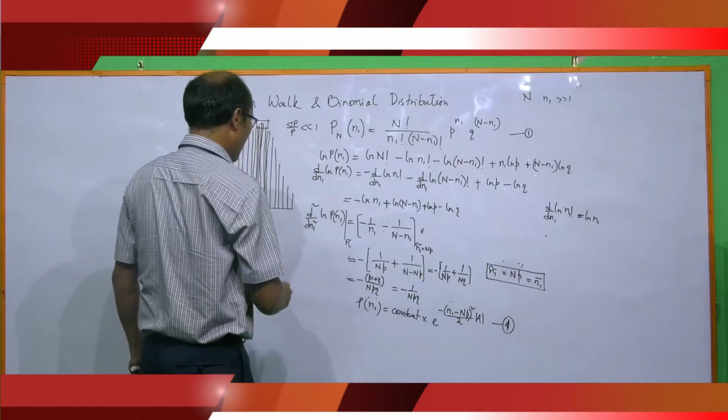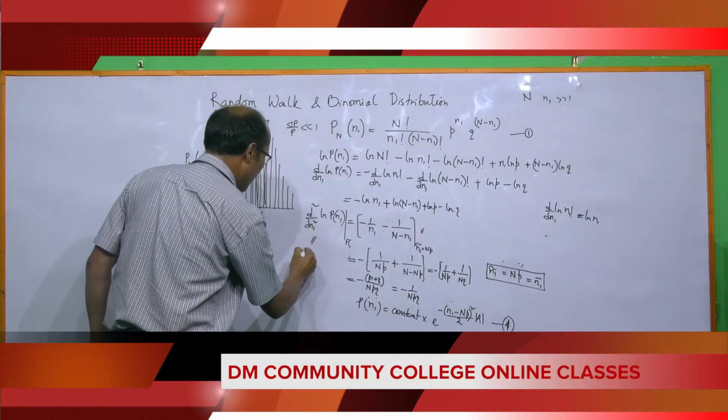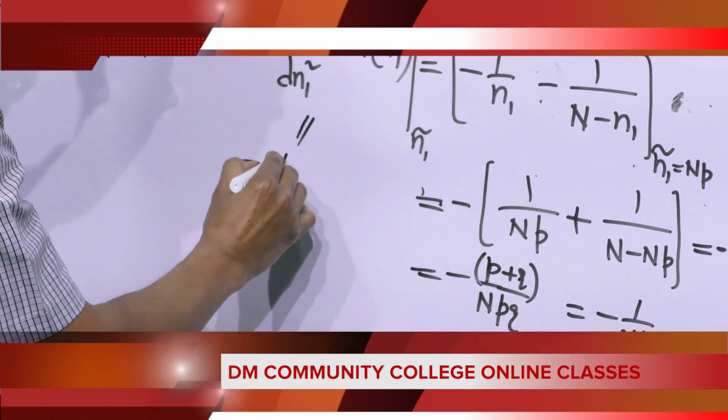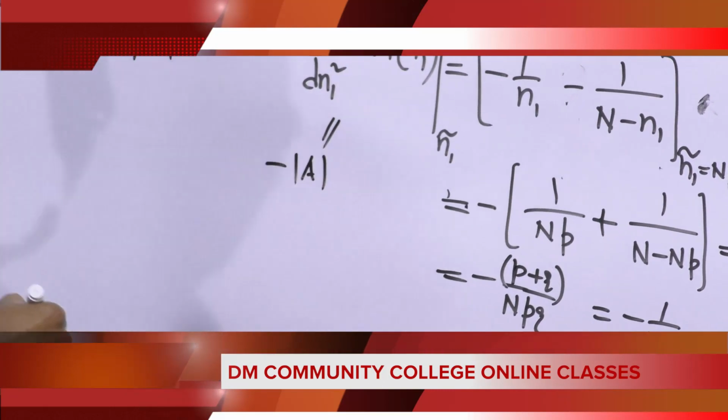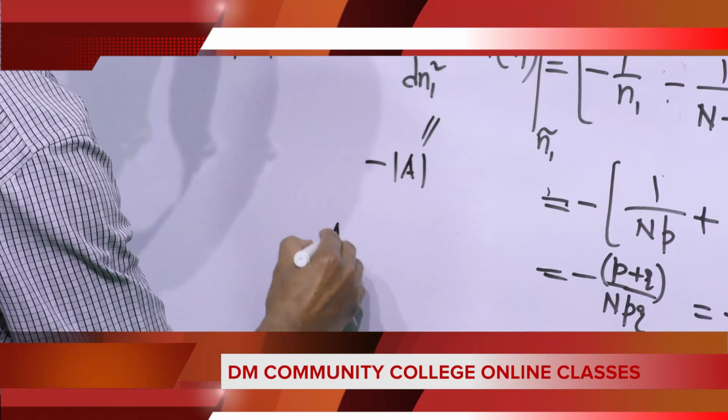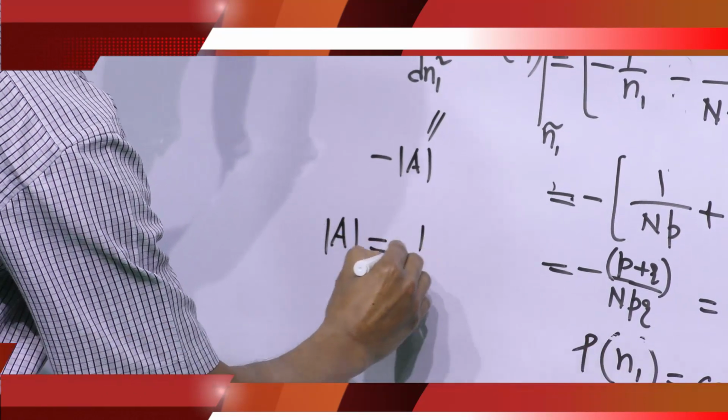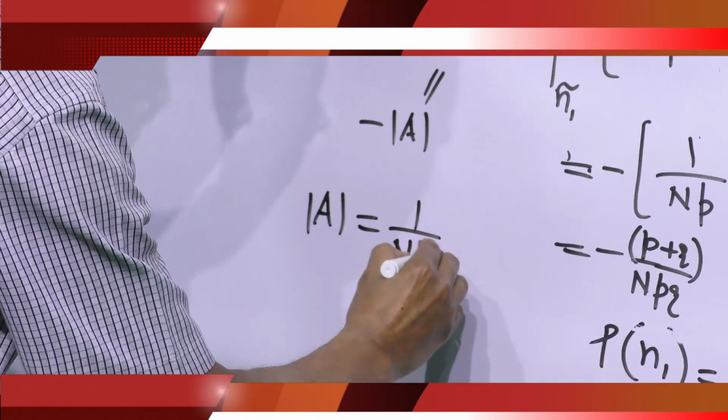So this is nothing but our minus modulus of A. So modulus of A is equal to 1 by npq.